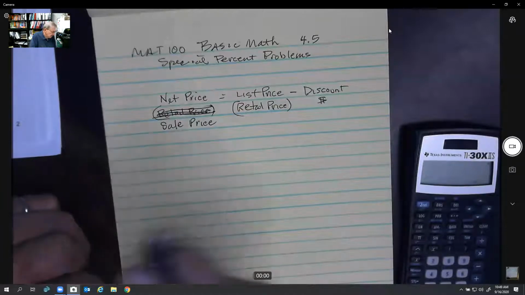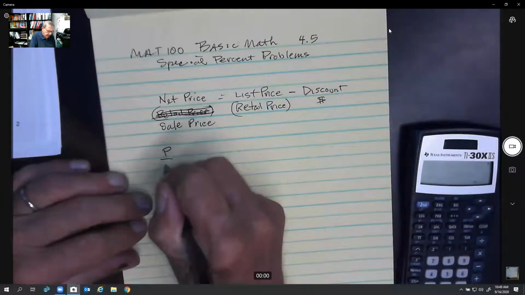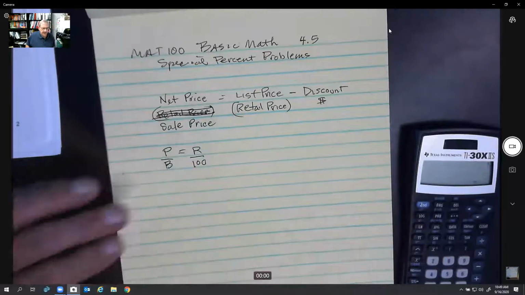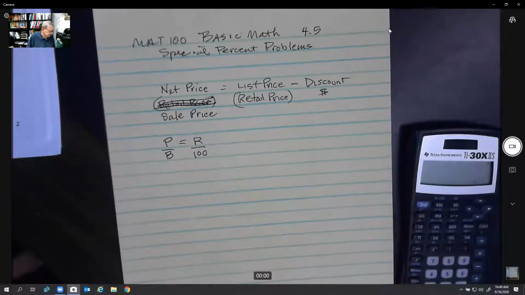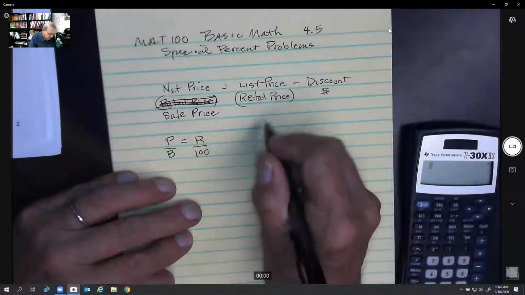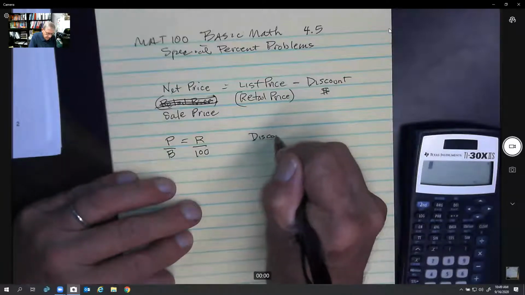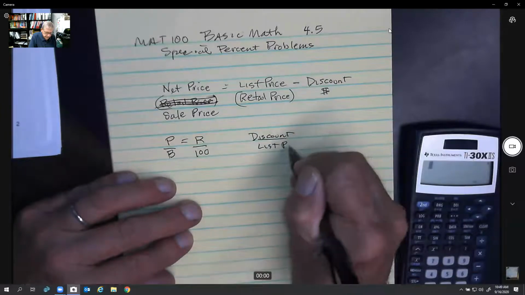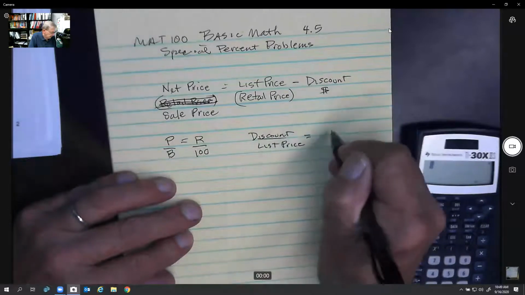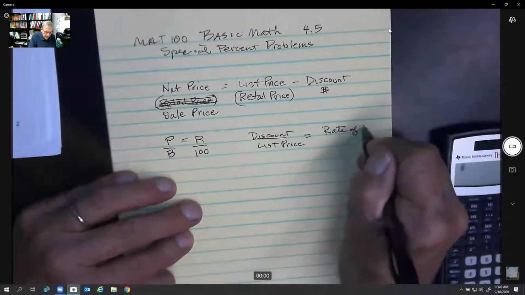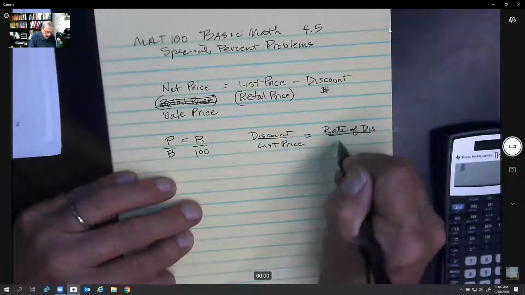Okay. So we're still going to use our formula P over B equals R over 100, but we may sometimes use variations on this. So the discount that you're going to get, we usually put the discount over the list price, and that will equal the rate of discount over 100.